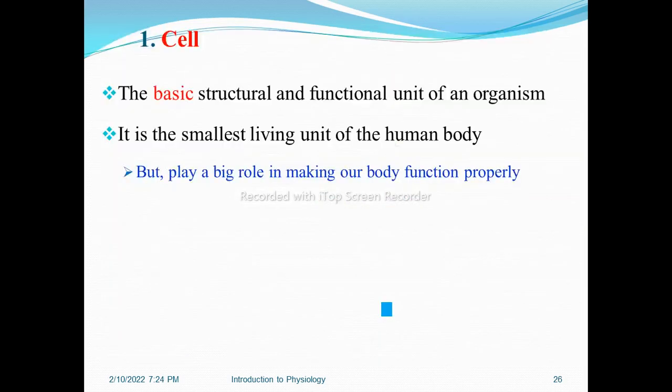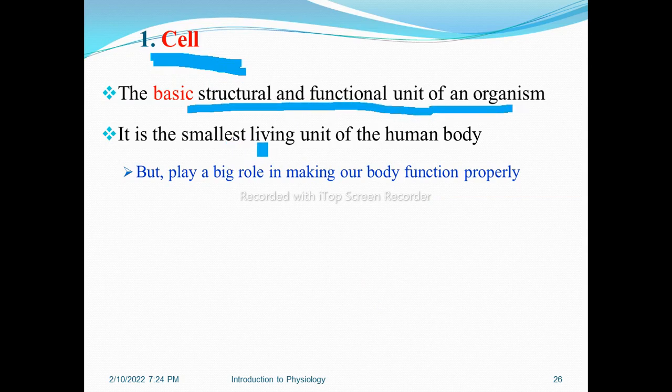At the chemical level, it will be covered in biochemistry, but now we will start from the cell. The cell is the basic structural and functional unit of an organism. It is the smallest living unit of the human body and plays a big role in making our body function properly.